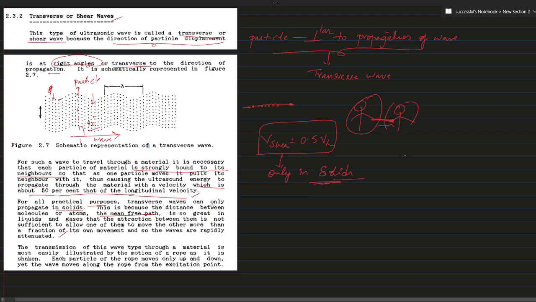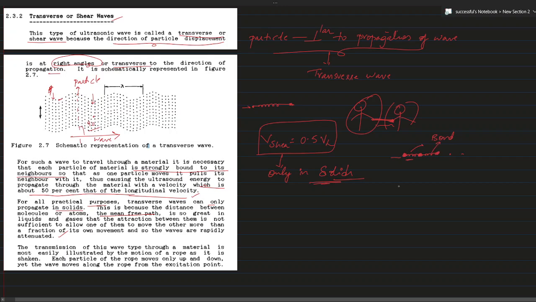What they are telling is that in solids there will be tight bonds. When this particle gets energy, it gets transferred to this particle because this bond is there, and here also this is the bond.